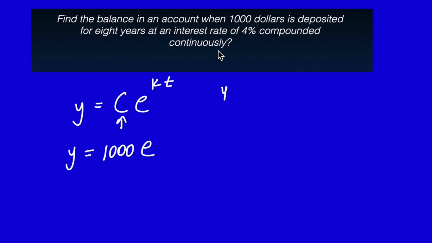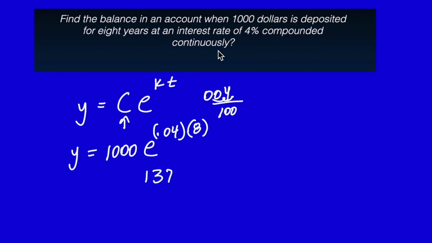So again, that means 4 divided by 100. Your decimal place starts here and moves over twice, so that's going to be 0.04. The time is 8 years. So folks, when you do that math, you're going to get a total of $1,377.13 as your final amount.